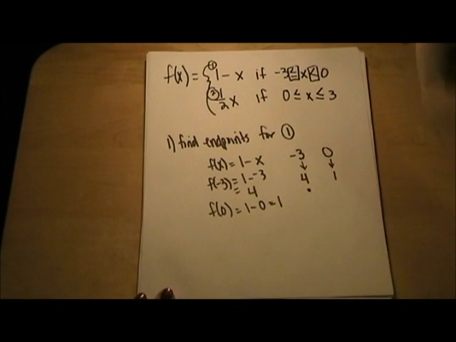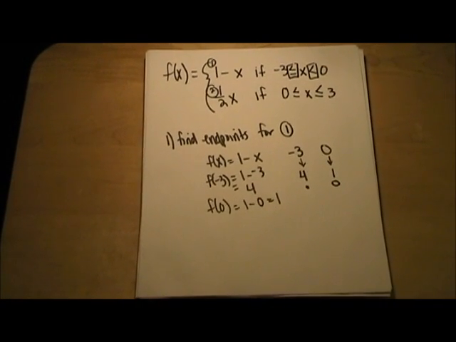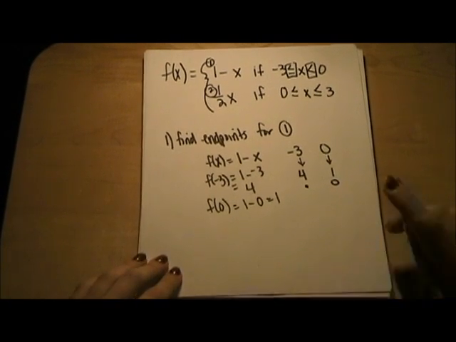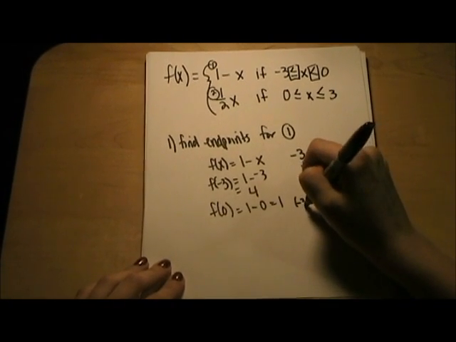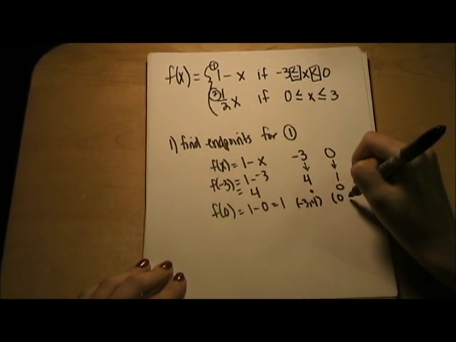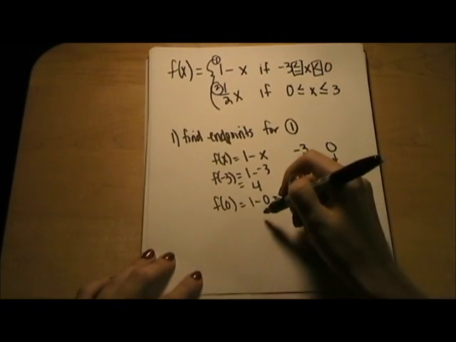A less than symbol without the equal means that it's going to be an open circle, because that 0 doesn't technically exist there. So right now we have (-3, 4) is a closed point, (0, 1) is an open point.